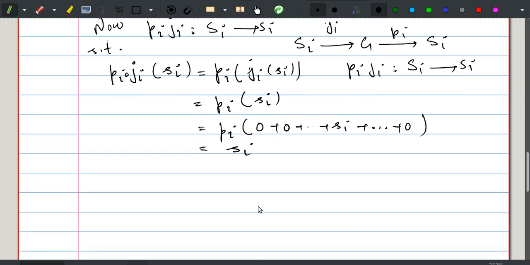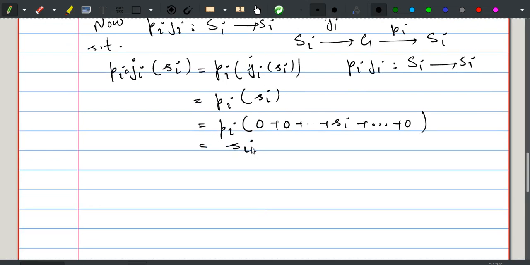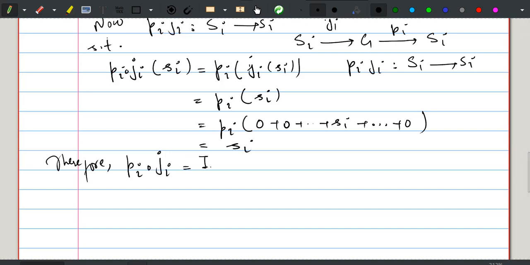So it takes an element si and maps it onto si, so this Pi Ji acts as an identity on Si. Therefore Pi composed with Ji behaves as an identity map on big Si.